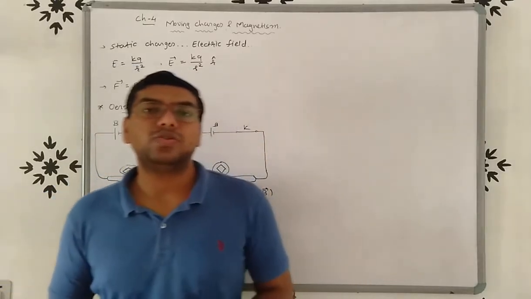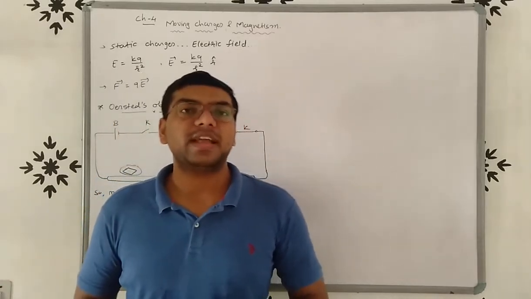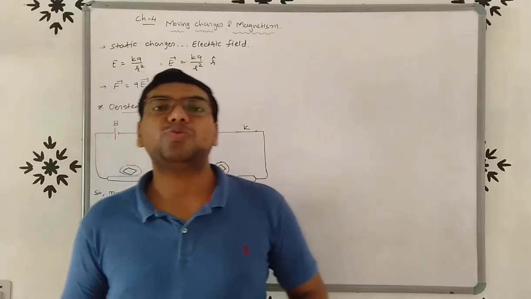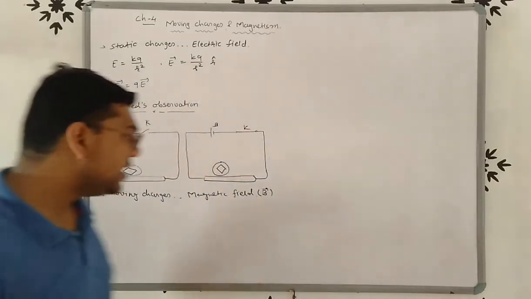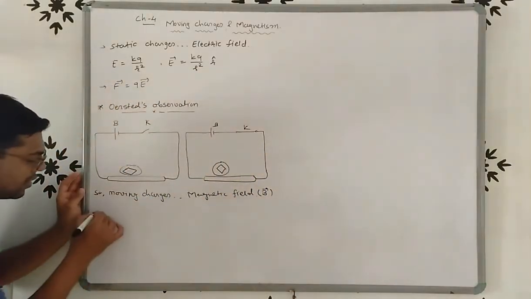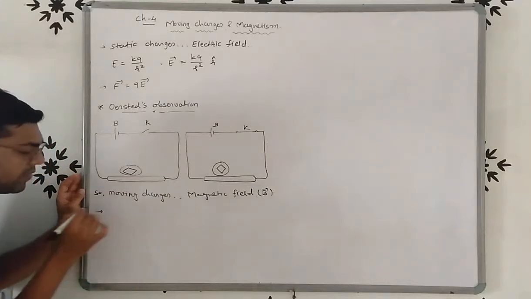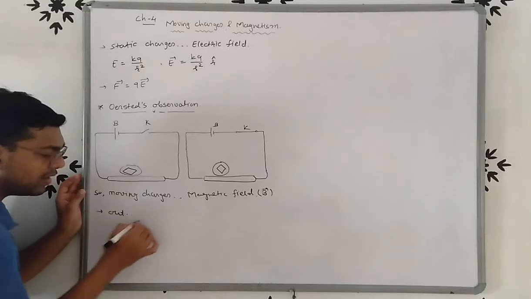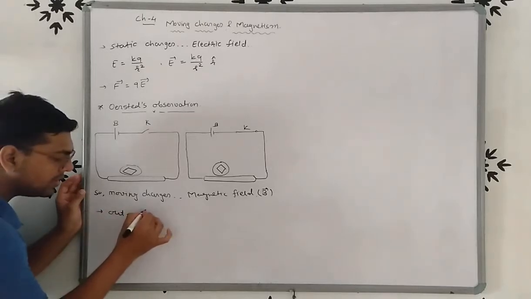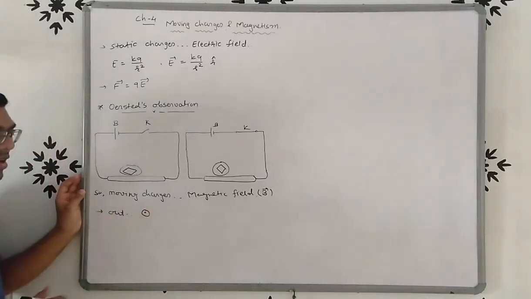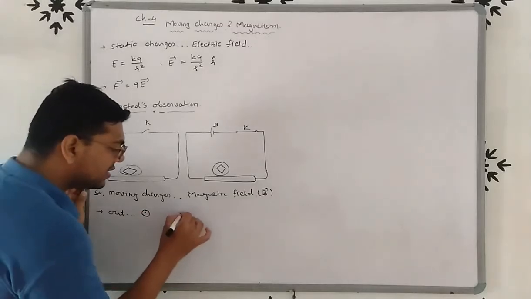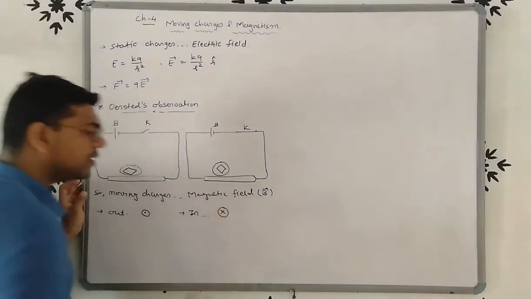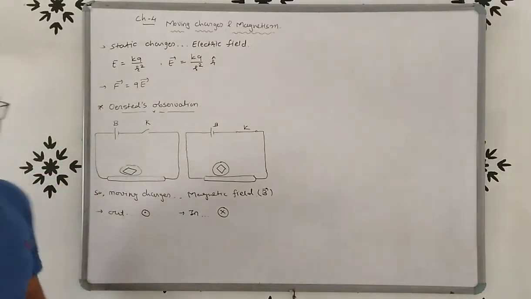So you have to remember, friends, when the current is in the outward direction, then this is denoted by a dot. So if the direction is outward, then it is denoted by a dot, and if the current is inward, it is denoted by a cross.